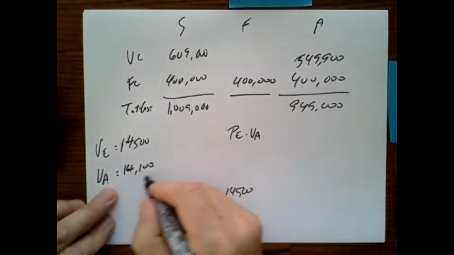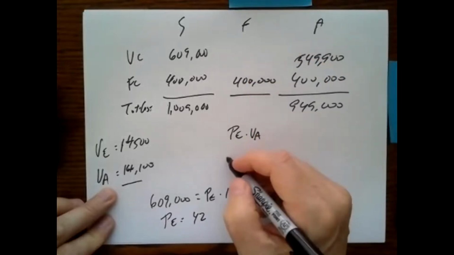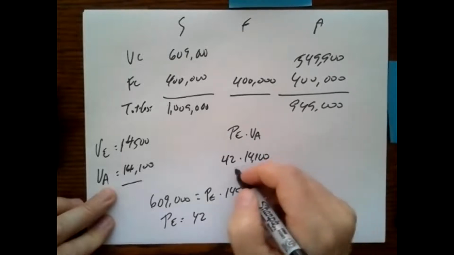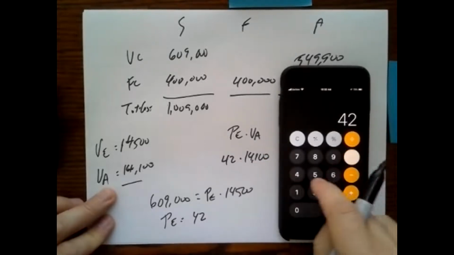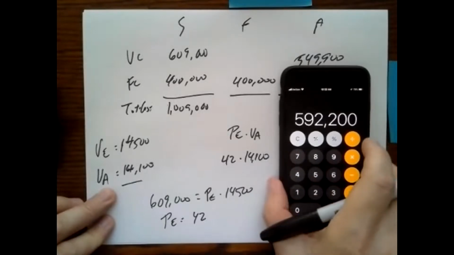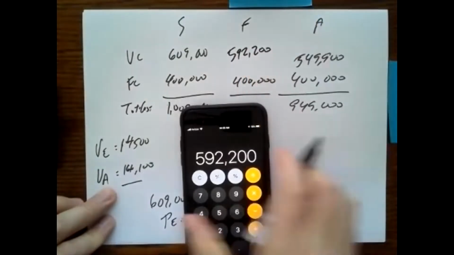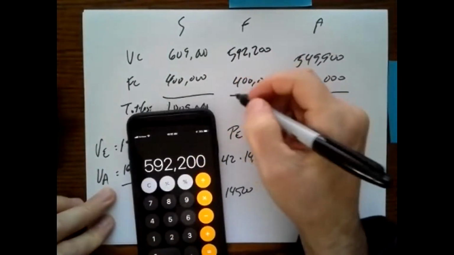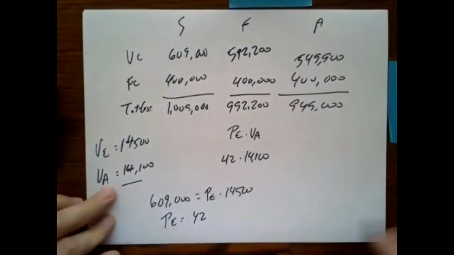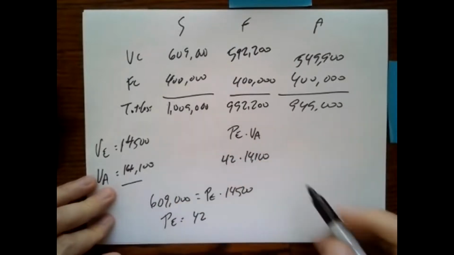And then I have the actual volume is 14,100, so the flex cost is going to be 42 times 14,100 equals 592,200. So I add that to my 400,000, I get 992,200. So now I have my flex costs, my static cost, my actual cost.